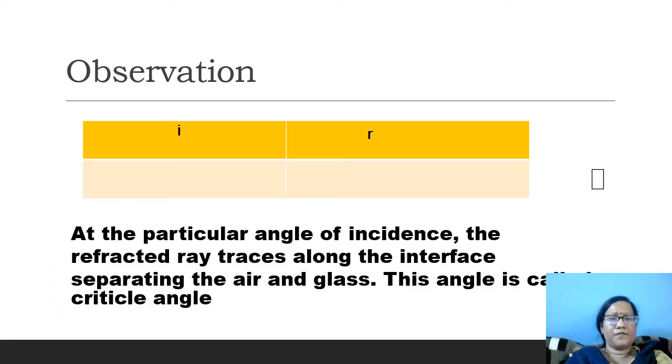What do you observe in this activity? At the particular angle of incidence, the refracted ray traces along the interface separating the air and glass. That angle is called the critical angle.